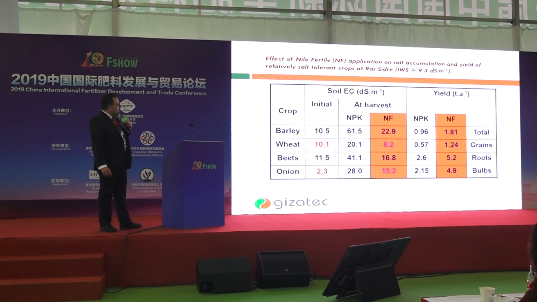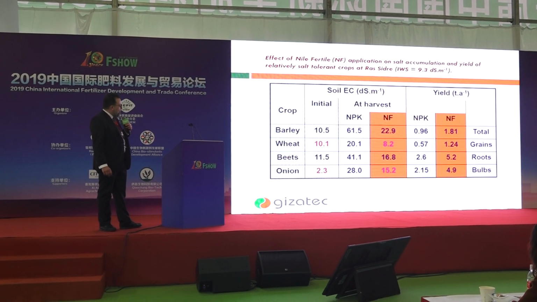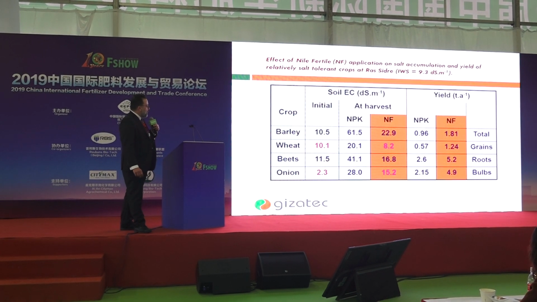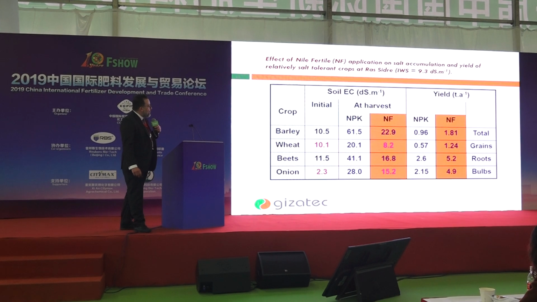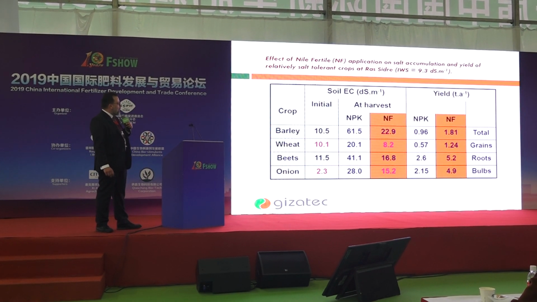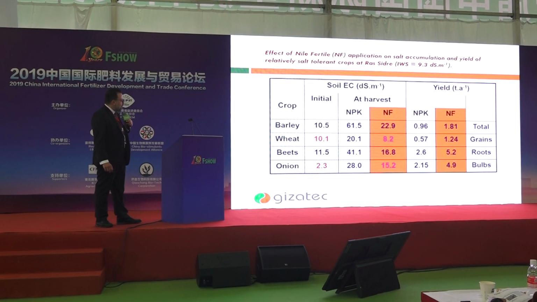It is very clear in all treatments that Nile Fertile kept the soil EC at a much lower number than NPK. Also, yield per ton increased and doubled in barley, wheat, beets, and onions.